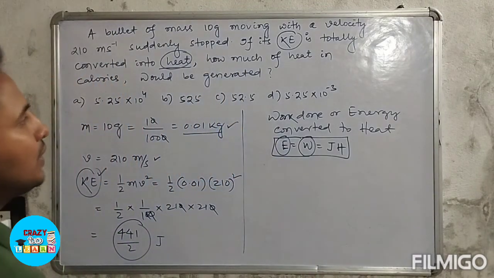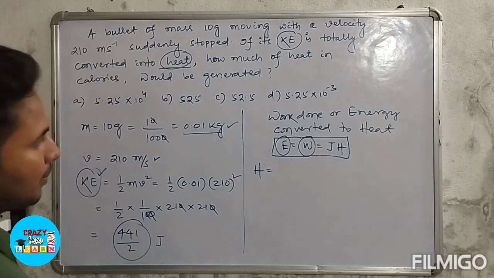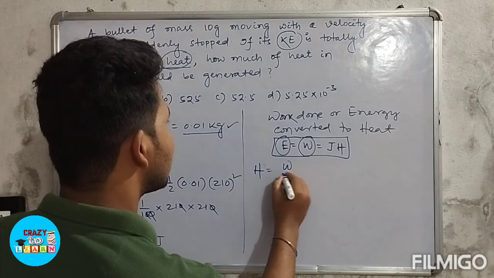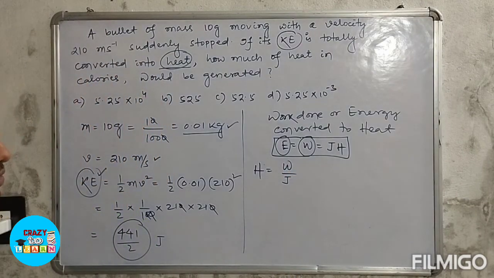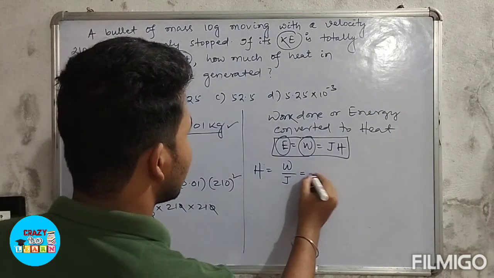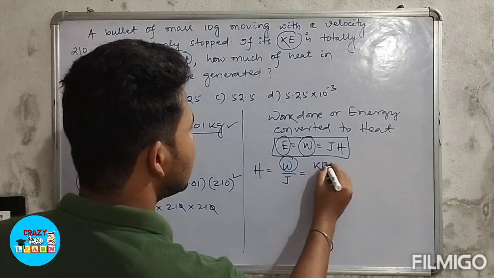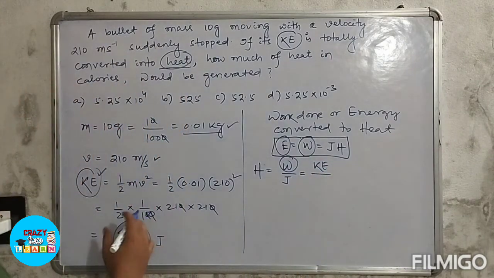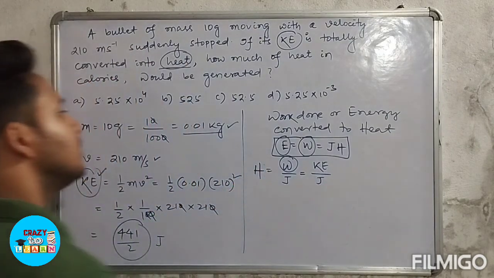Now in our question it is asked to you to calculate the amount of heat. The amount of heat is equal to work done or energy divided by J, Joule's mechanical equivalent of heat. Here the work is done due to the kinetic energy, so the work done is equal to the kinetic energy, divided by J.